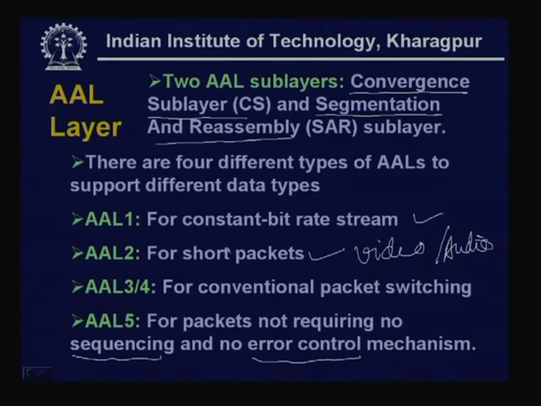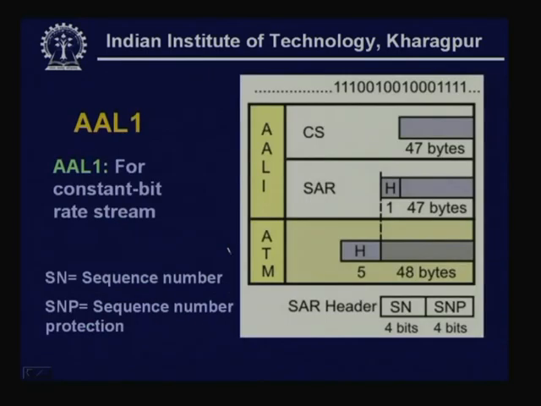So, let us look at the 4 different types of AAL frames that are being used and how it is done. This first one is used for constant bit rate streams, as I have already mentioned. Constant bit streams come in, and the CS layer divides them into 47 byte packets, and the SAR sublayer, the segmentation and reassembly sublayer, puts a header which has 2 fields, SN and SNP, sequence number and sequence number protection, that means for checking purposes.